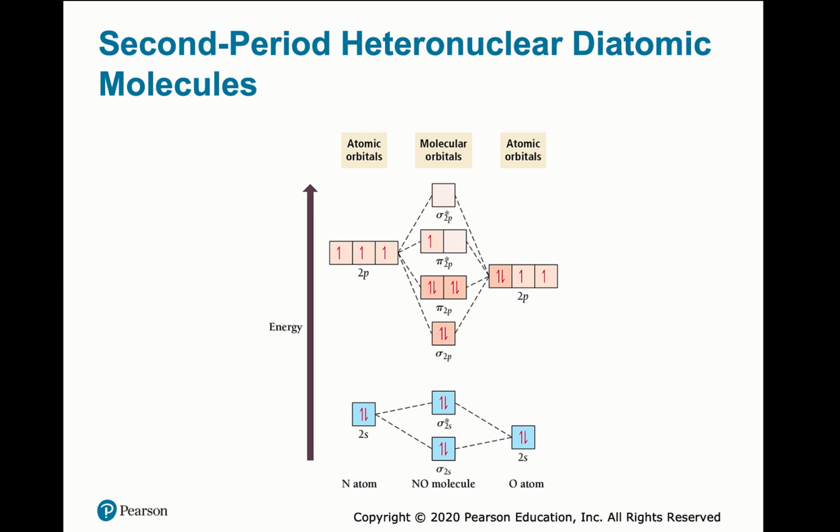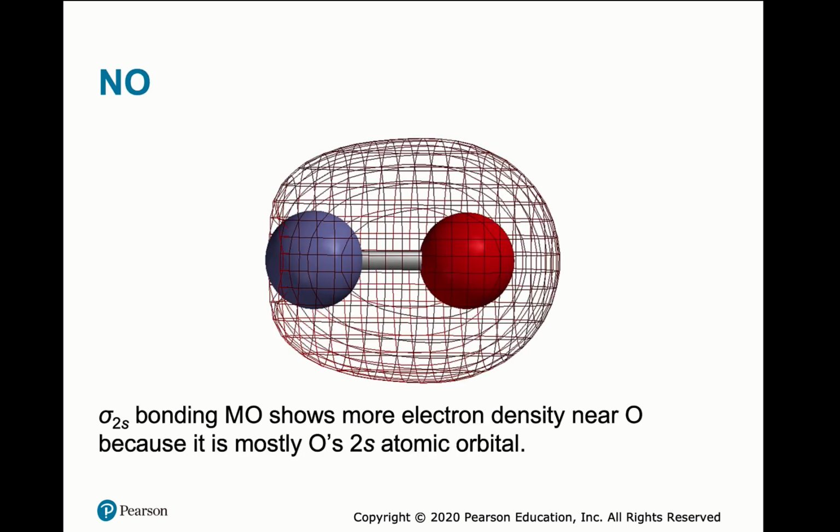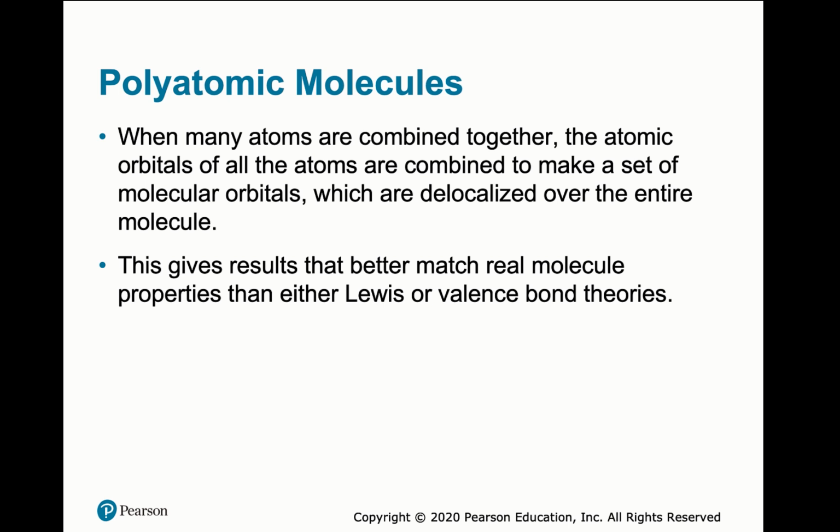So heteronuclear is not as symmetric, but you still have the bonding and antibonding. And this is a very reactive molecule, but it's a stable molecule, because it has a positive bond order. So this molecule will form. And the electron density shows a little more density near the oxygen, and that makes sense because it's a more electronegative atom.